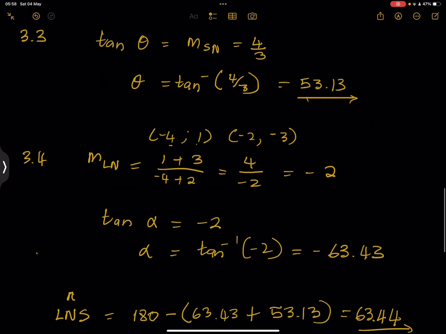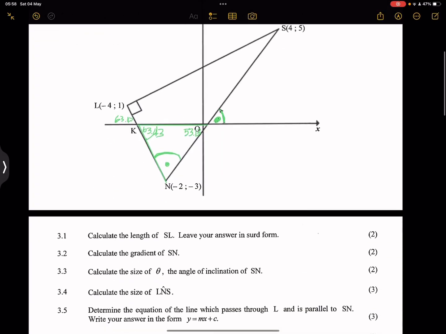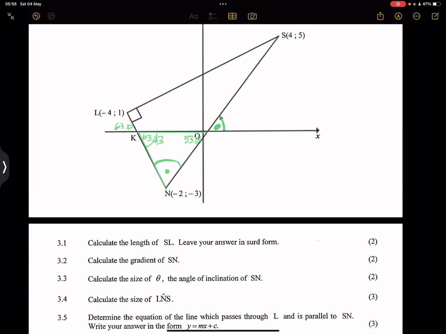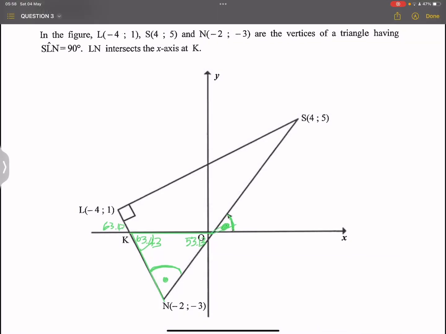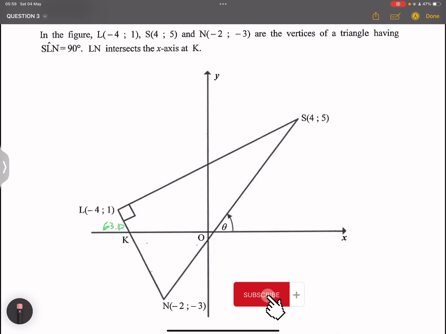Now, guys, of course, there could have been another way that you can calculate that angle, because that's a 90-degree triangle. Now, please, I want you to note there, right? What I could have done is I already know the length of SN. I know the side here, SN, right?